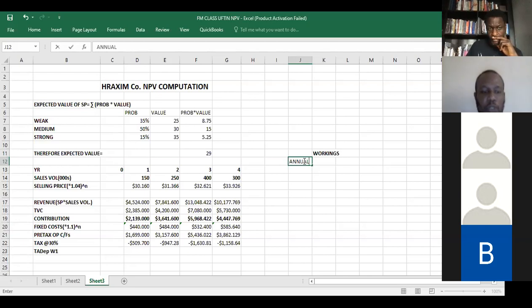Our annual depreciation will be our initial outlay, 5 million. So all of that will now be divided by our number of years.